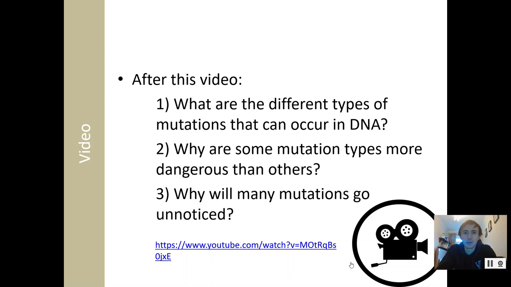So if you can imagine, I would usually draw this on the board, but if you can imagine a series of 3 base codons. So let's say your mRNA said AAA, TTT, CCC, GGG. That was your mRNA. 3 A's, 3 T's, 3 C's, 3 G's. Fine. Let's say that we added a T in right at the beginning.